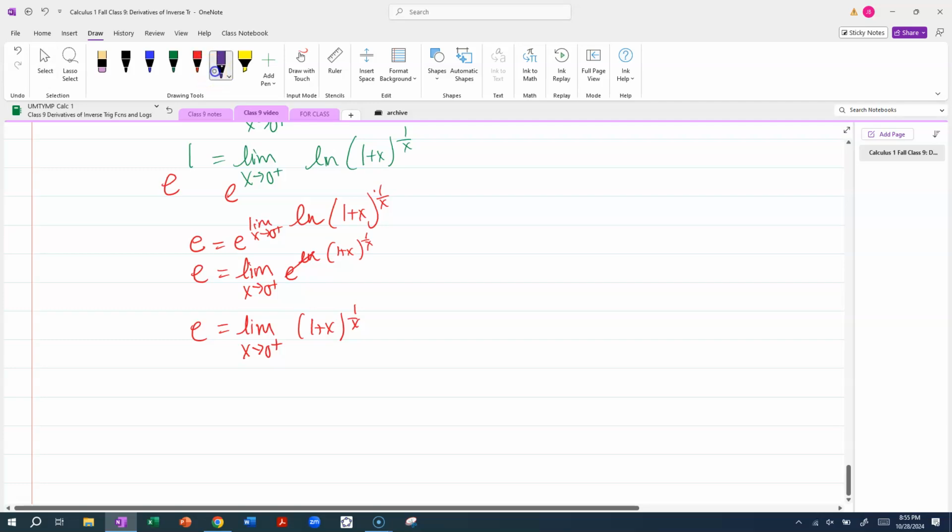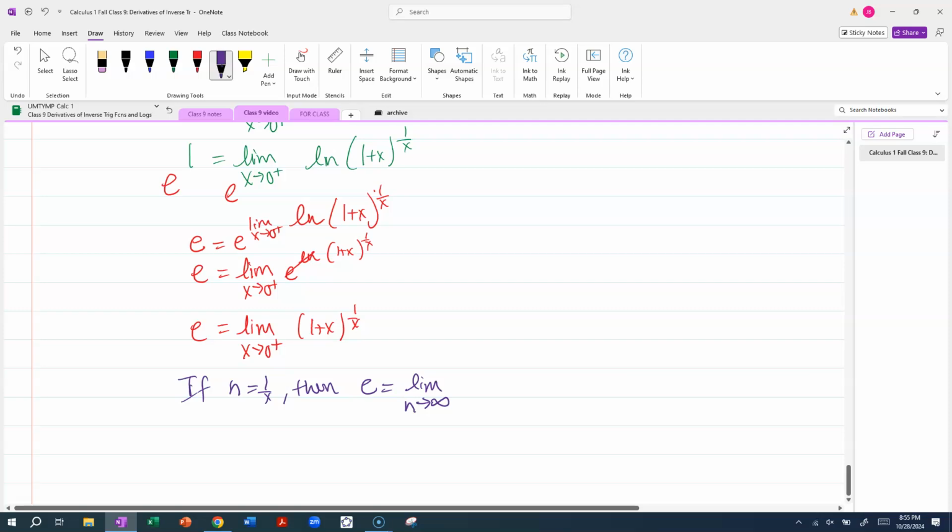And now, just for fun, why not? If we let n equal 1 over x, then we can write e as equal to the limit as n goes to infinity, right?